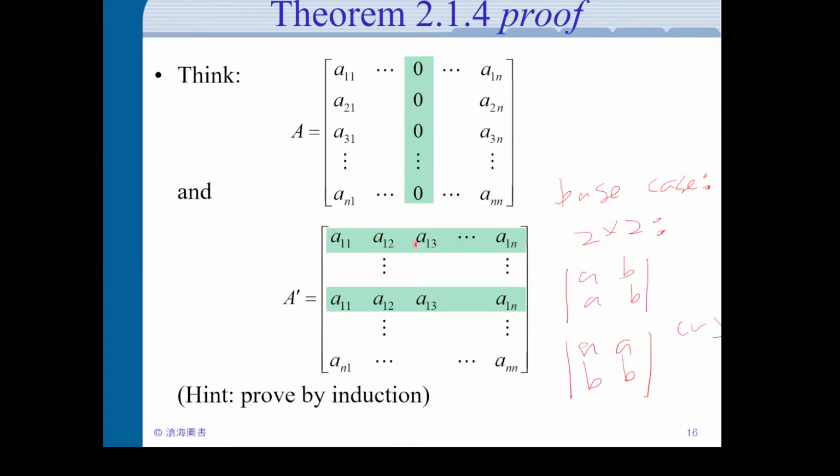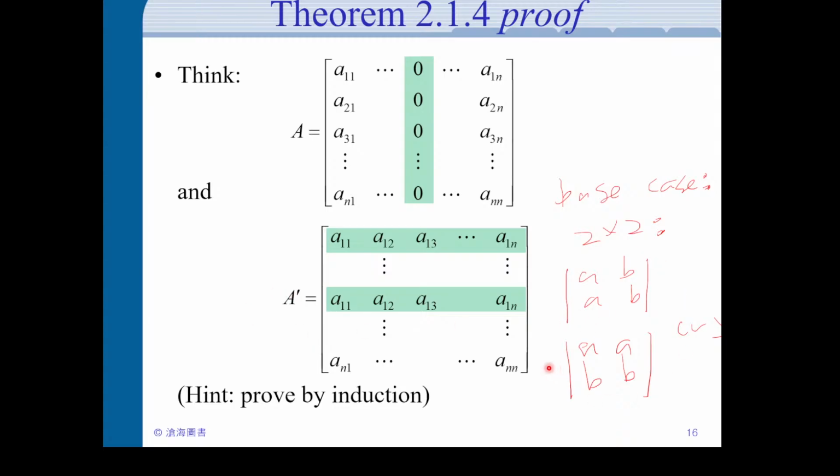With 1 by 1 you cannot have two rows or columns being the same, with only 1 row and 1 column. But in the 2 by 2 case, you can easily prove that if you have 2 rows the same or 2 columns the same, then you calculate the determinant, it is just AB minus AB. So in the base case, you have that the determinant of A is equal to 0.